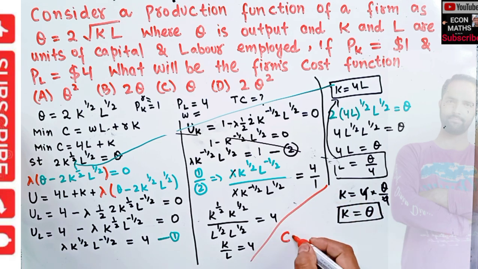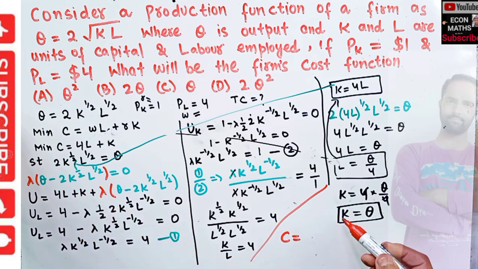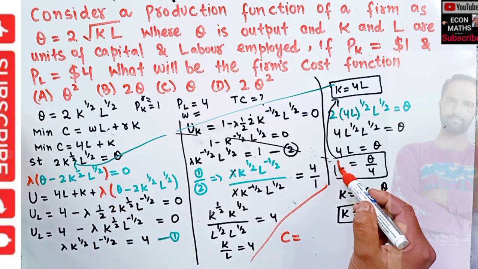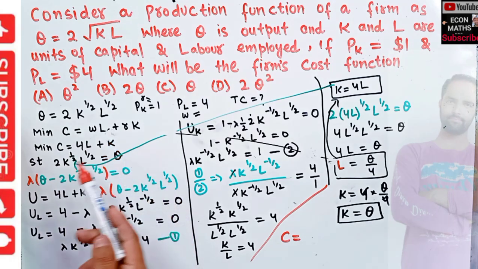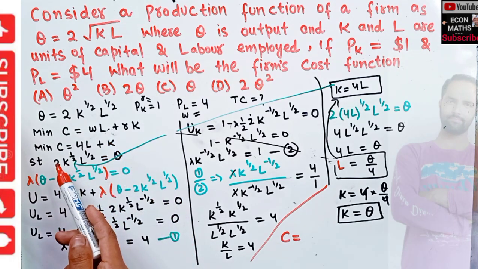So our C is equal to, we plug the value of K and L into the cost function, that is into our objective function. This is our cost function.